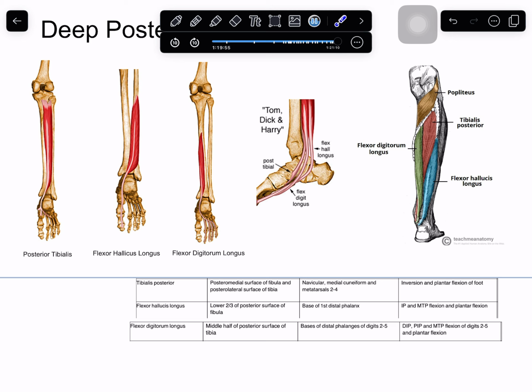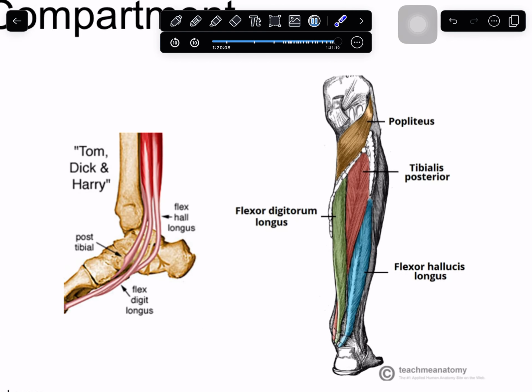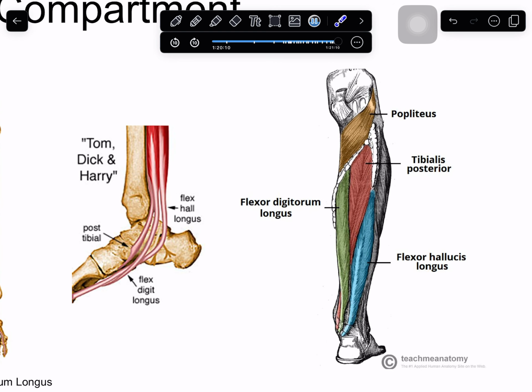So definitely take the time to look in the lab. We have leg models in there. Do take the time to get into the lab and look at the lower portion of the leg muscles. If we look here on this image all the way to the right, we can see the general orientation. You have the tibialis posterior that's going to be sandwiched in between the flexor digitorum longus and the flexor hallucis longus on either side.